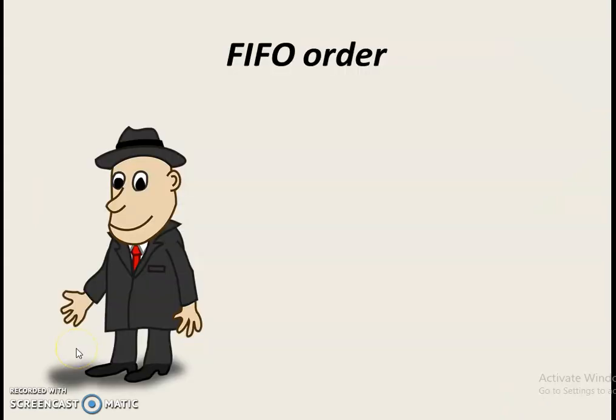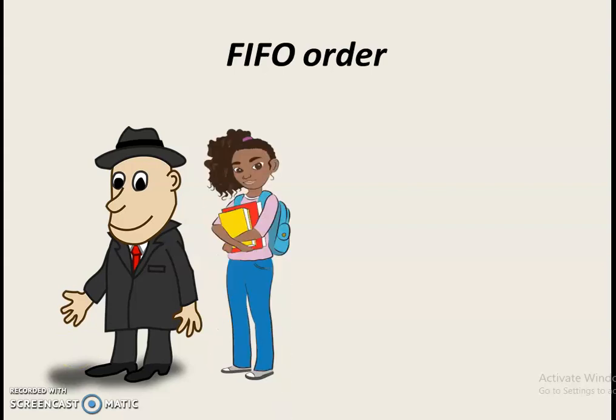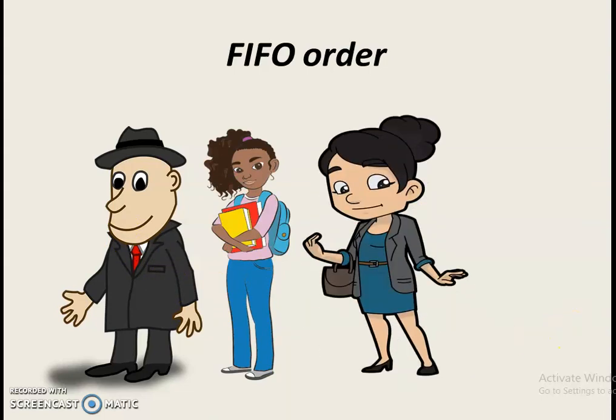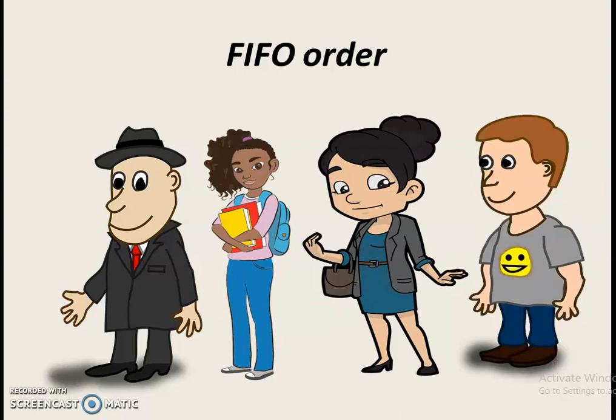Now let's understand this FIFO order. Suppose there is one person waiting. So the second person will be standing behind this first person, and the third person will stand behind the second one, and the fourth will stand behind the third one. So far we have 4 persons in the queue. The first person is at the front end and the fourth person is at the rear end.